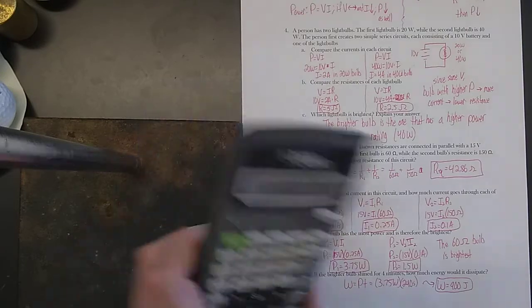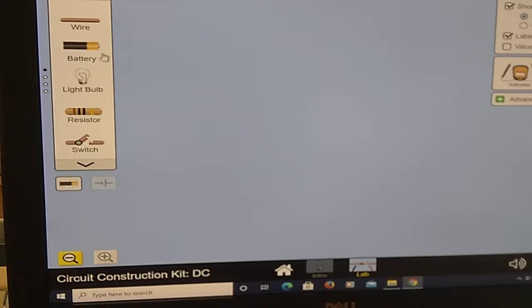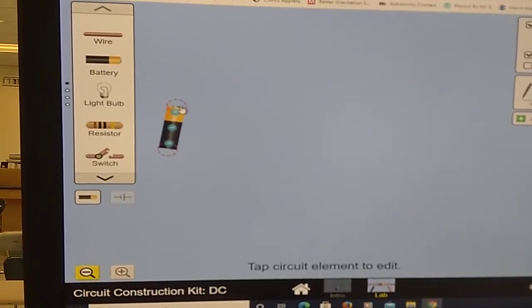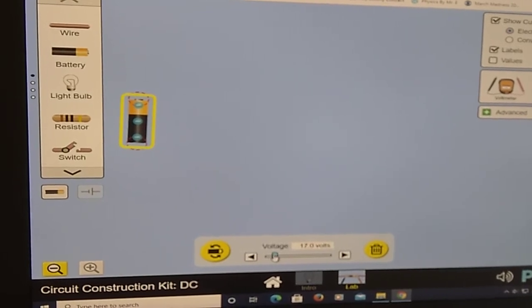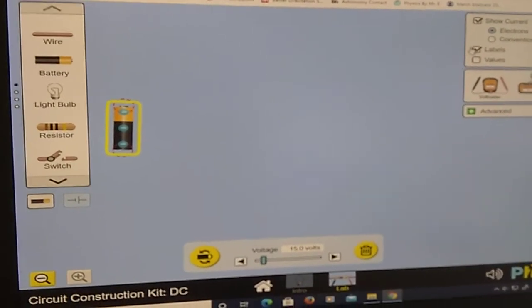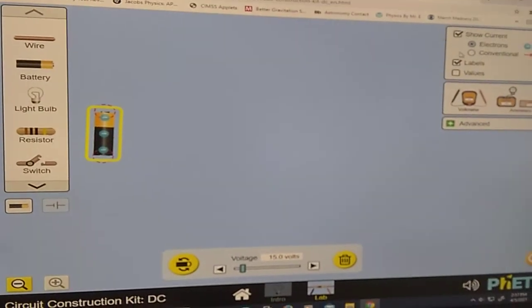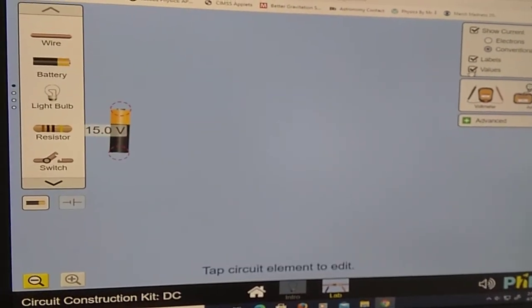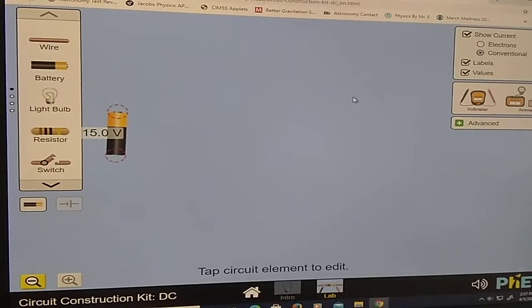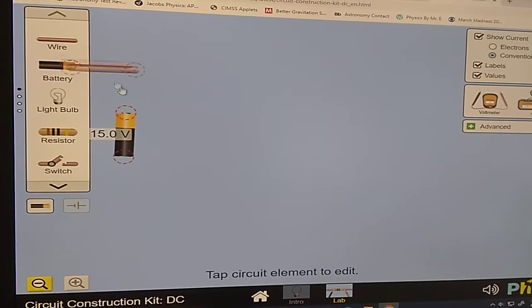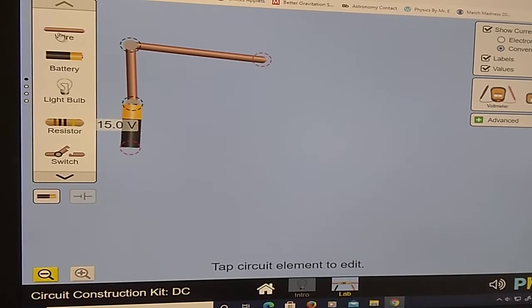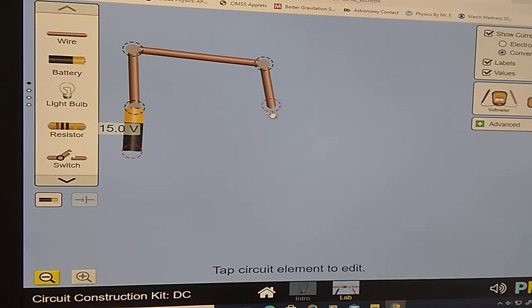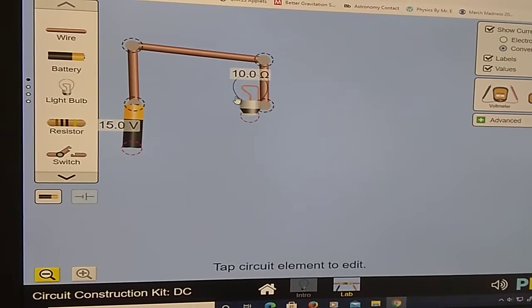And like I said, I'm going to build this for you real quick. So let's see, we're going to have a 15 volt battery. Conventional current. Let's do labels. There's our light bulb.